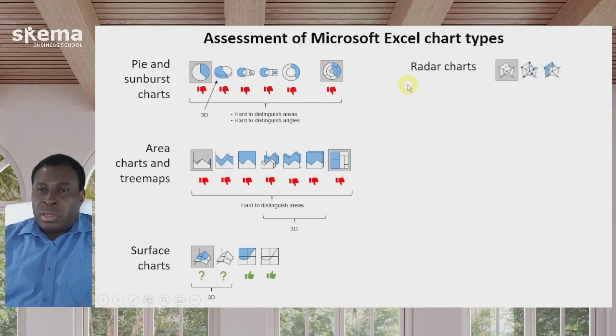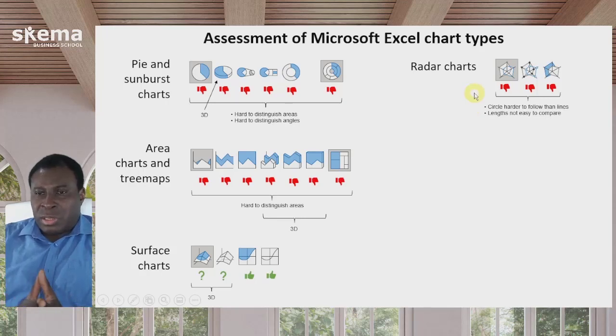Radar charts are a case where charts are shown around a circle and different values radiate from the center in a radial axis. And they might have points which are connected or not with different dimensions showing different values.